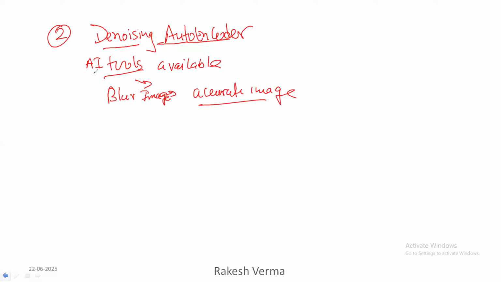That means we can use AI tools which improve the quality of input images, so blur images are converted into perfect images. How is it possible? It is possible only by the denoising autoencoder. So how does it work?